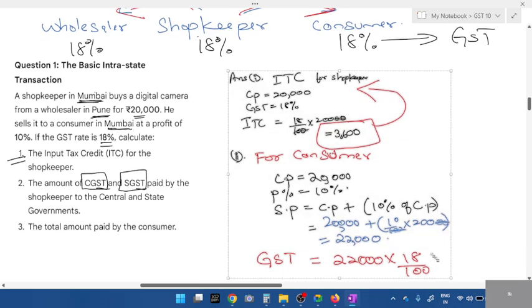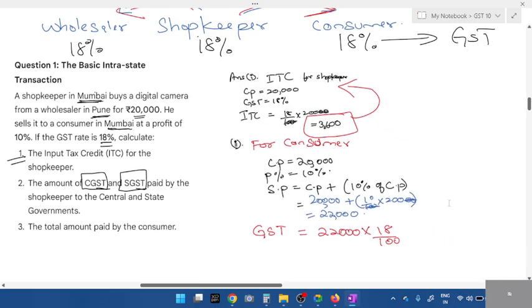See, I've given a clear picture. From the shopkeeper, he sells it at 10% profit, 22,000. On 22,000, add this GST. 18 into 220. 3,960. Okay, write it.